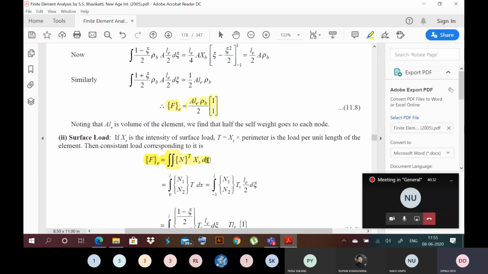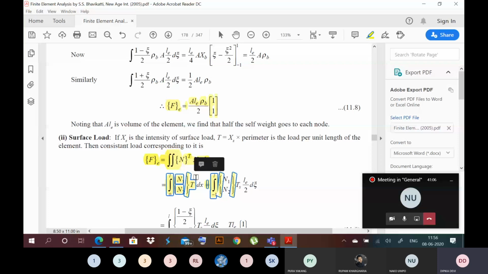Xs into perimeter gives you the surface traction per unit length. So integration over the surface is reduced to integration over length by writing the surface traction per unit length. This T is the surface traction per unit length.